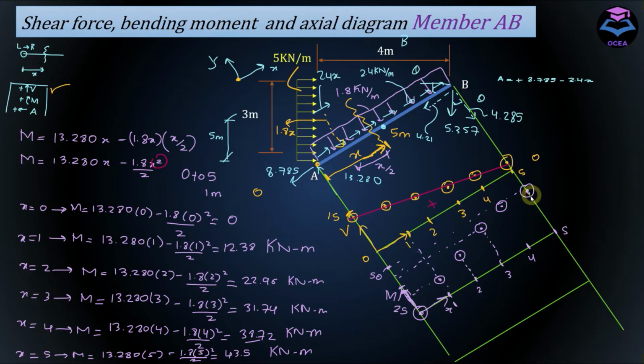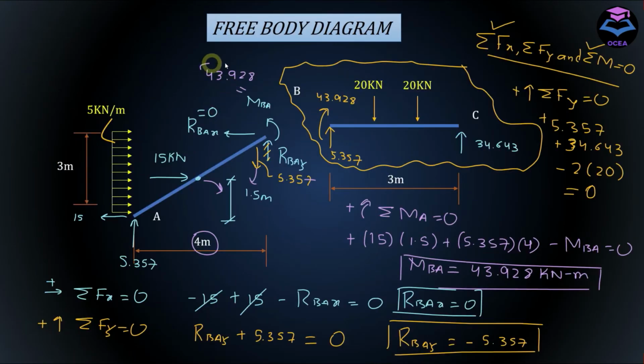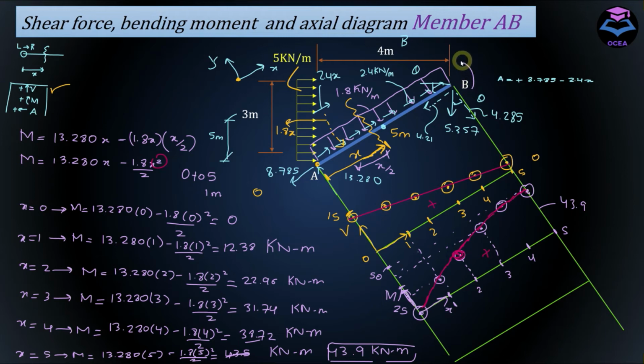To get the diagram, plot through the points. And this moment here is not equal to 43.5, it's equal to 43.9. So this here is equal to 43.9, and there should be a moment here. Yes, at this end of the member, the moment acting is equal to 43.9.